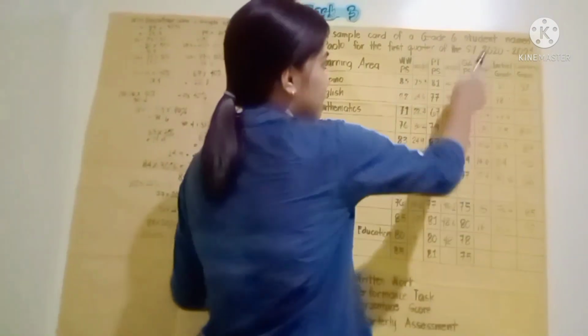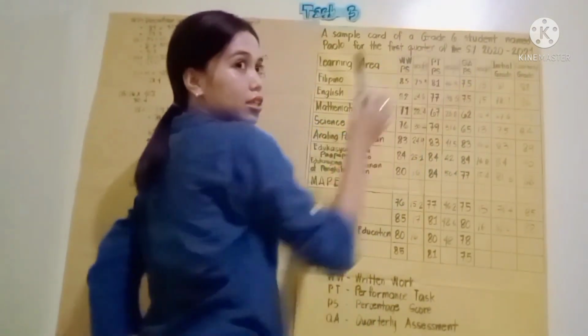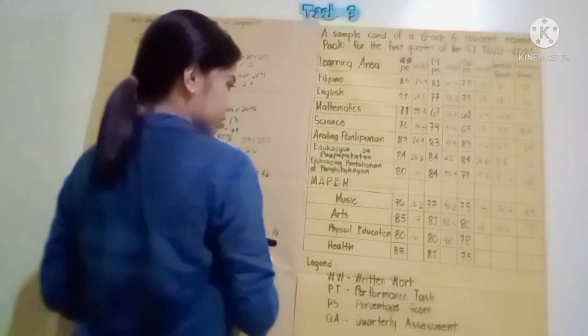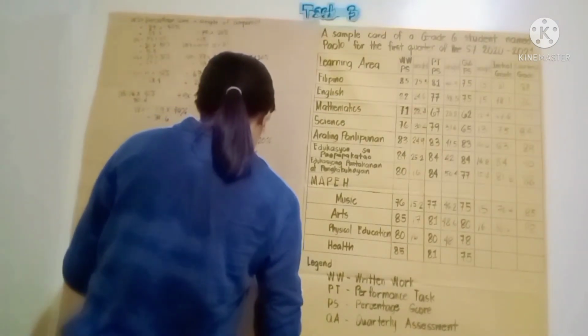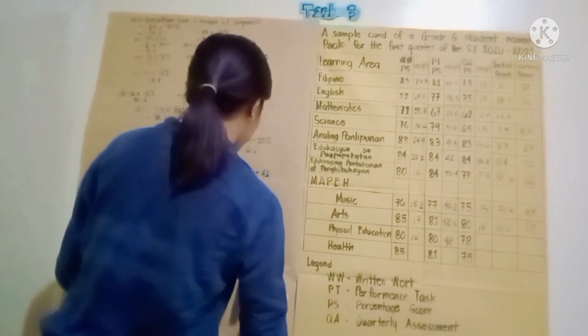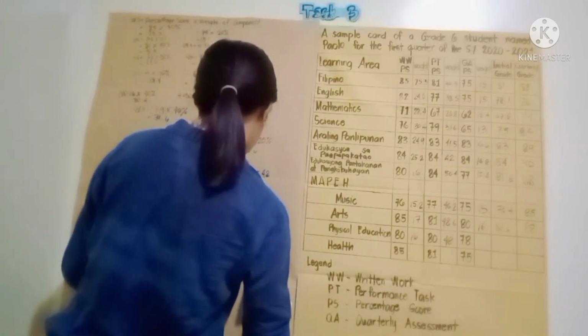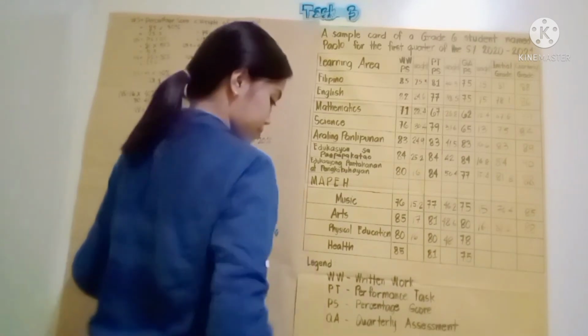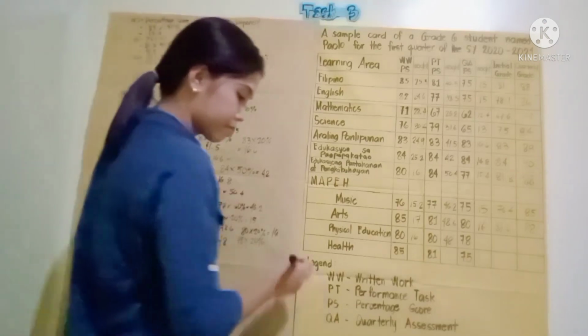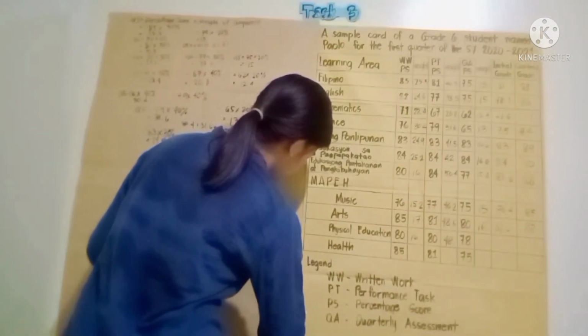Next is the weighted score in quarterly assessment. 78 times 20% is 15.6.